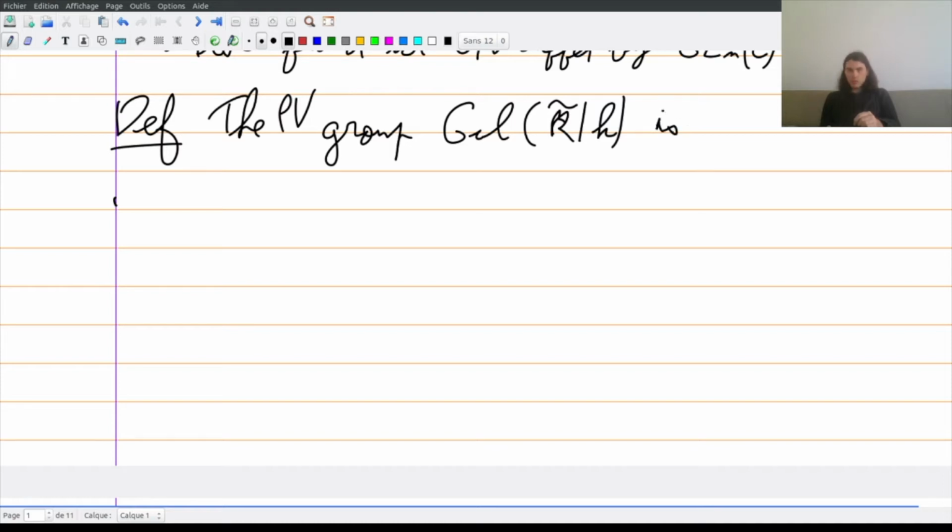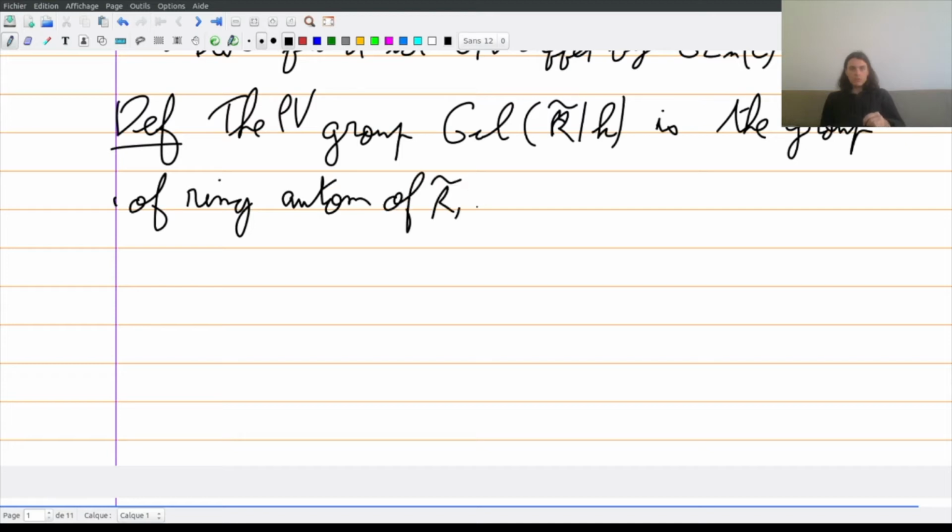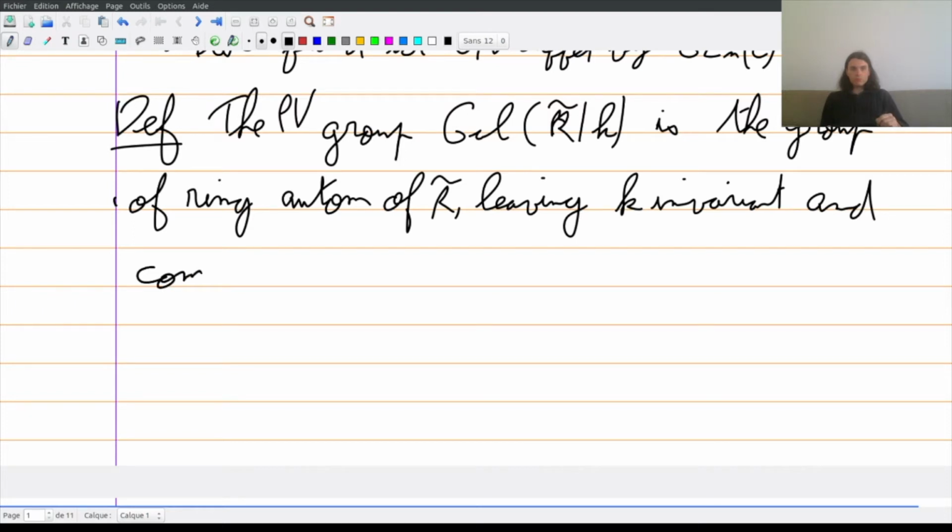It is the group of ring automorphisms of R-tilde leaving K invariant and commuting with sigma.